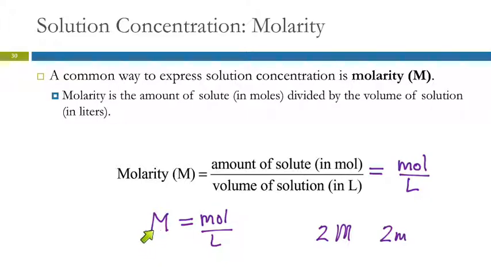So you can make your M's very pointy, or what I typically do, because I'm in a hurry, I underline the capital M. You don't have to do that, but that's how I write it most of the time. So molarity: moles of solute per liter of solution.